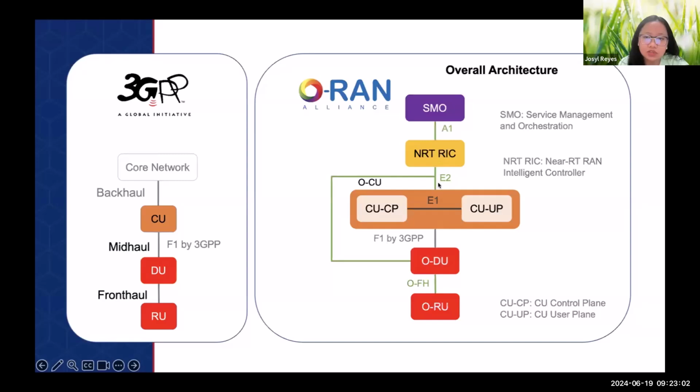Why does it connect to the two? Because it gathers the data about the radio access network for the purpose of optimizing the radio access network, which we'll discuss later. Ano yung mga functions na usually pinoprovide nitong near real-time RIC.